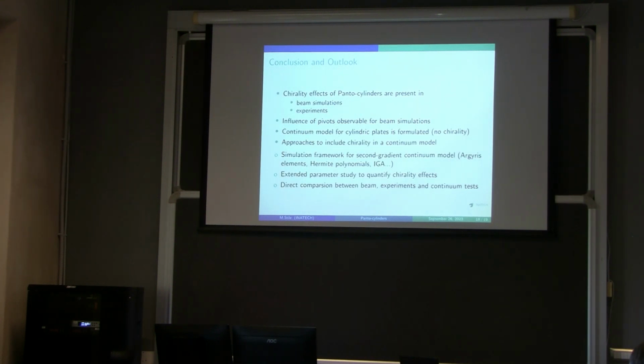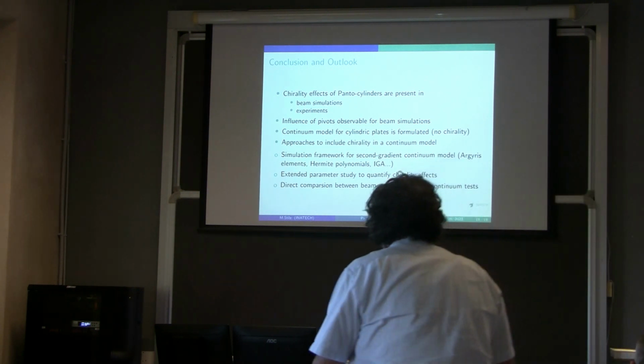Okay, so in conclusion, the chirality effects of pantographic cylinders could be shown for beam simulations and also for experiments to have this S shape. The influence of the pivots was mainly observable for the beam simulations.